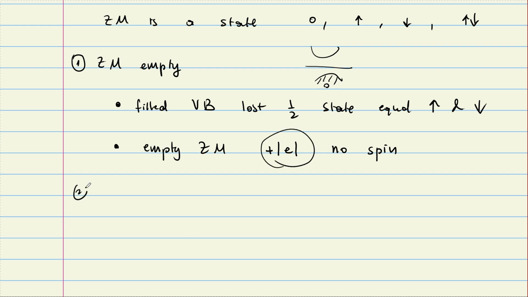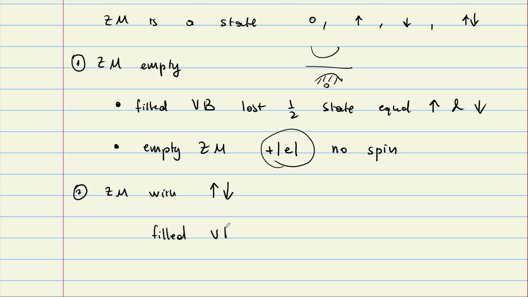So the second possibility is a zero mode with one up electron. Actually, let's consider the up-down one first. This is a little bit easier. Again, the same thing.